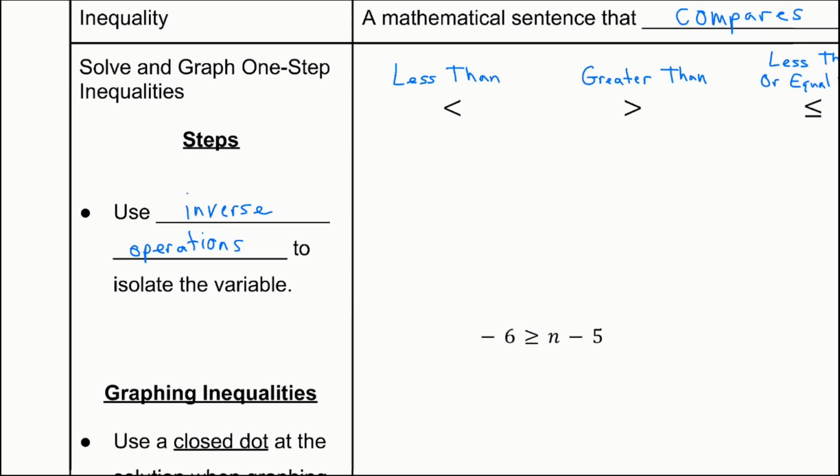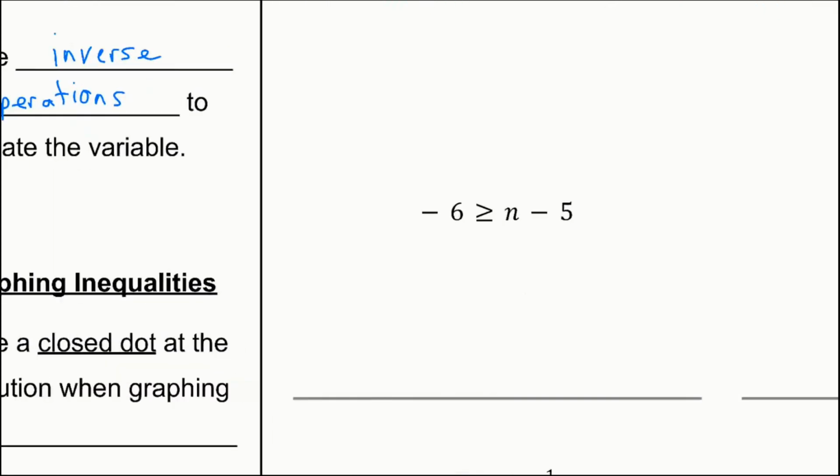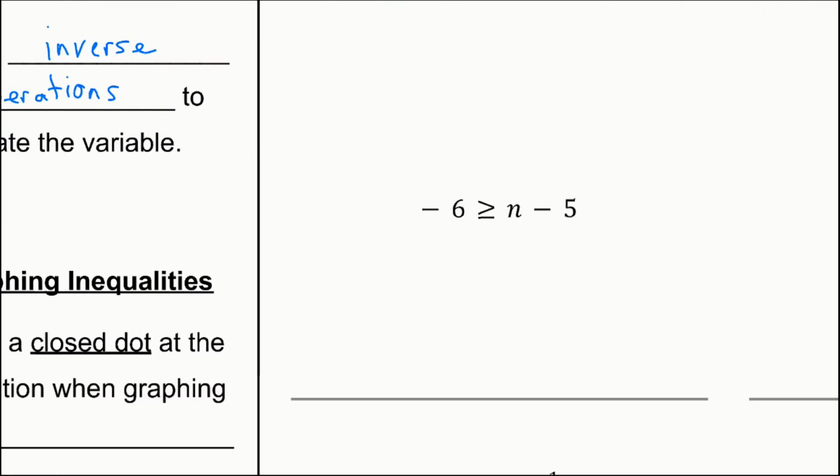So, for example, this first one, -6 is greater than or equal to n minus 5. To isolate n, since that 5 is being subtracted, we'll add 5 to both sides to get -1 is greater than or equal to n.